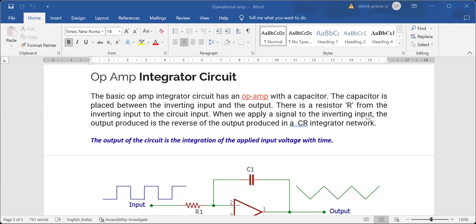When we apply a signal to the inverting input, the output produced is that of an RC integrating network, an integrated output. The pulse form input is converted into a triangular form of output.